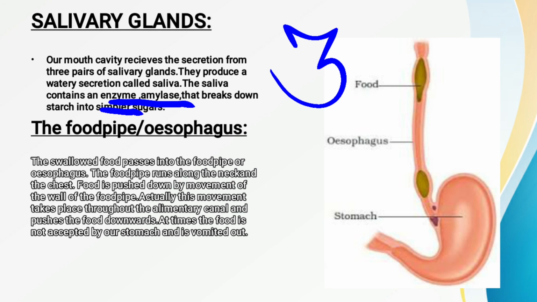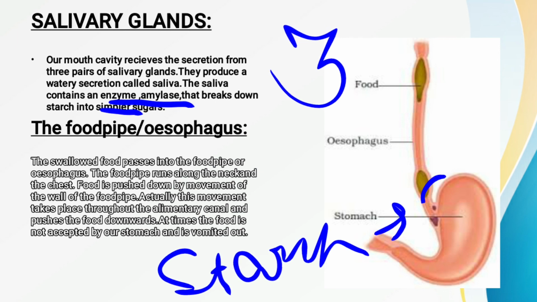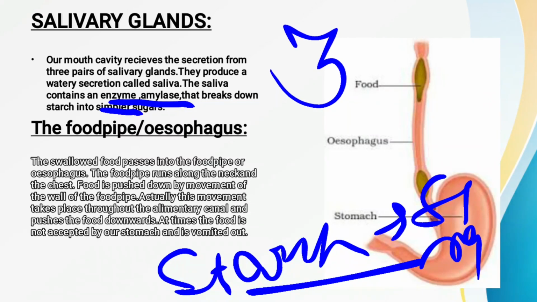It breaks down starch into simpler sugars so that it can be digested properly. So keep in mind that the amylase enzyme is present in saliva, which breaks down starch into simple sugars.